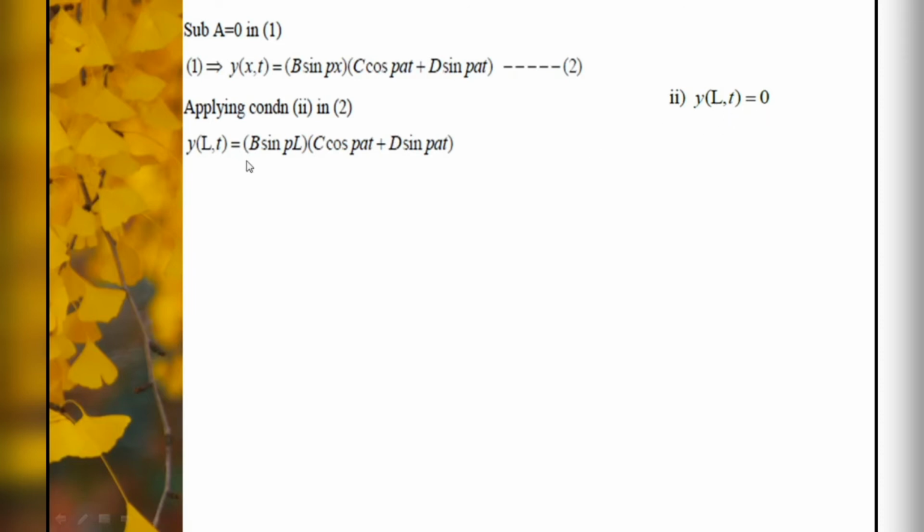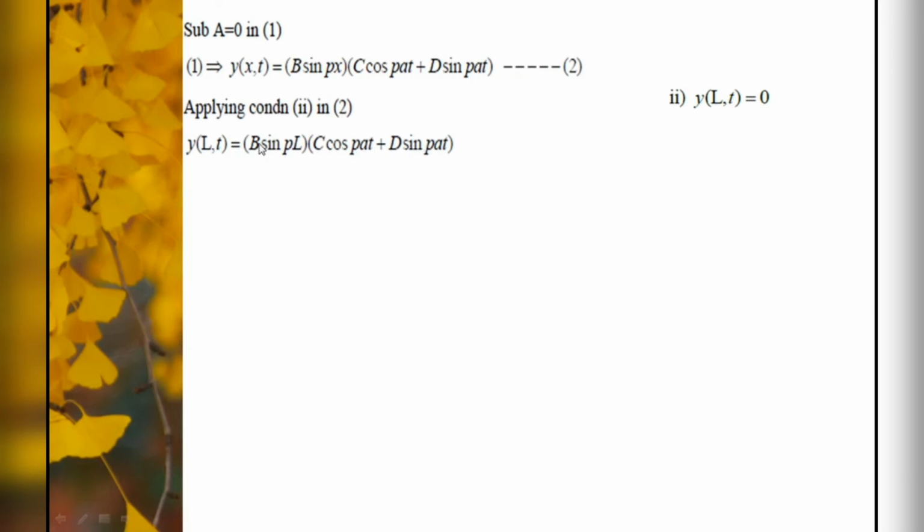Now y of L comma t means it is b into sin PL into c cos PAT plus d sin PAT. So in this, x is replaced by L. Now when x is replaced by L, the condition says it is equal to 0. So in the first condition itself, we said this is not equal to 0.